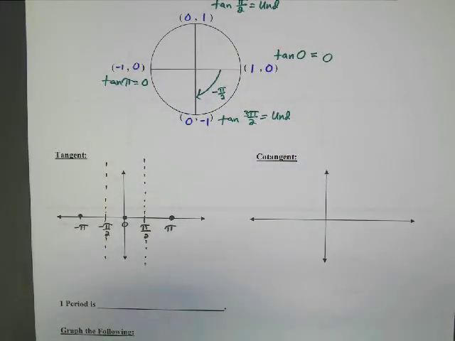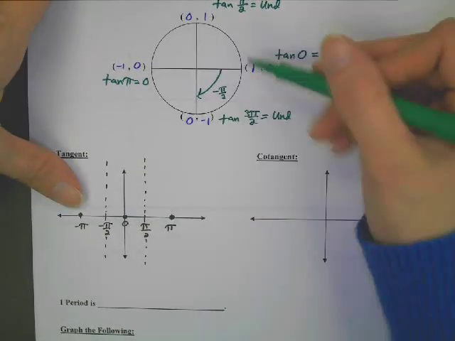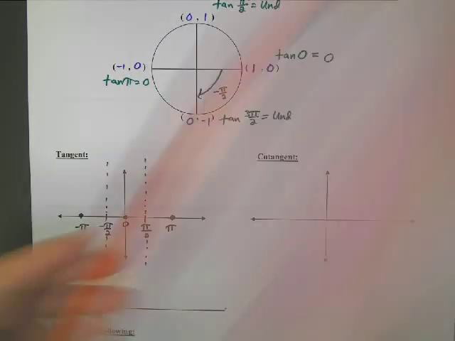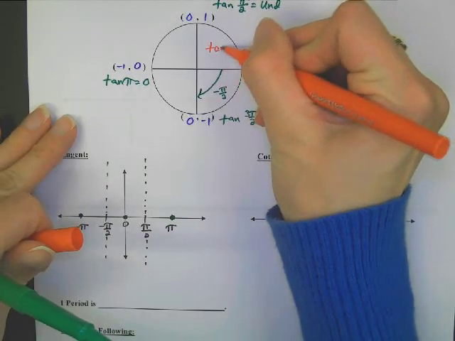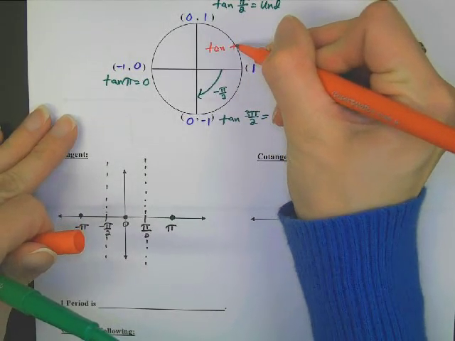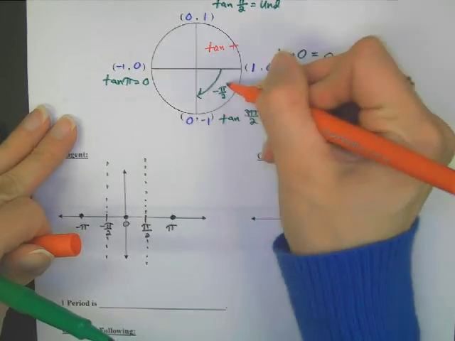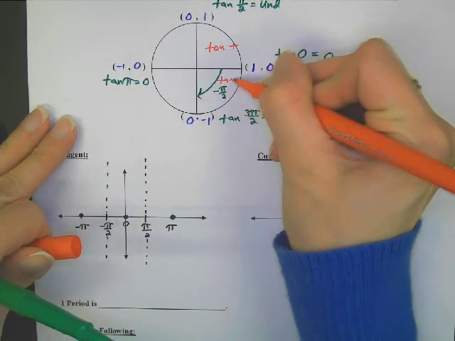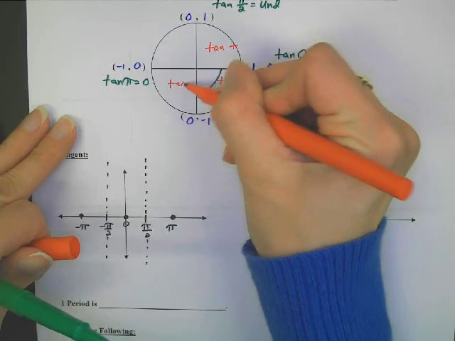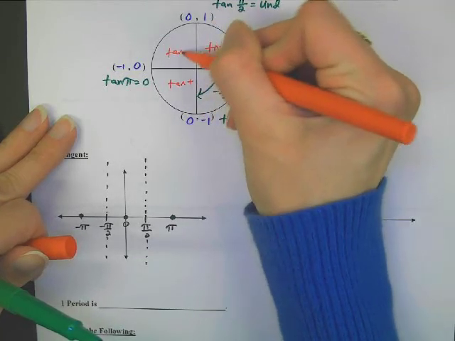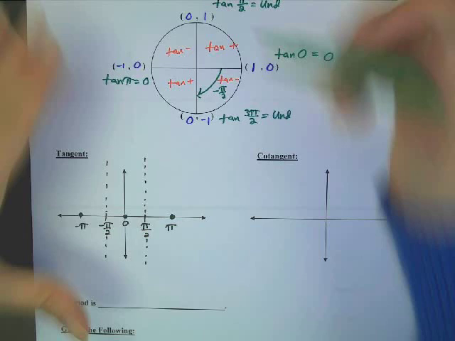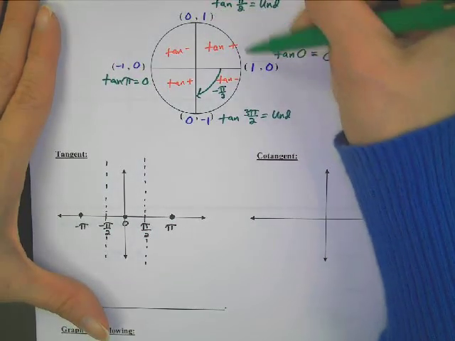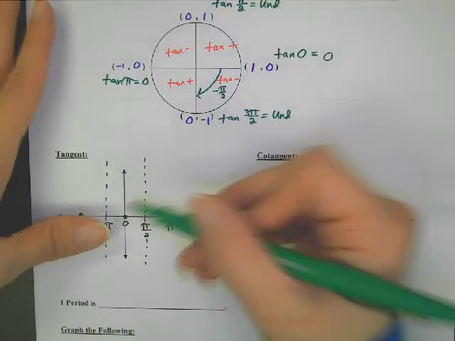Let me show you what a tangent graph looks like. Let's figure out if it's positive or negative. In quadrant 1, tangent is positive, but down here, tangent is negative. Here, tangent is positive. Here, tangent is negative. So from 0 to pi over 2, tangent is positive.